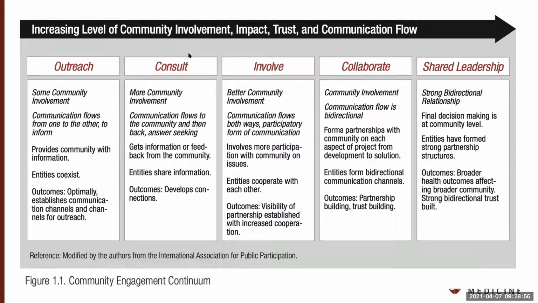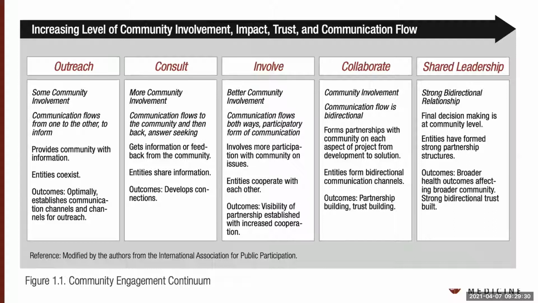So as we move down, I'm going to lump collaborate and shared leadership together so we can get to the next slide. But in collaborate and shared leadership, this is where you start to see community or patients identifying the research question, finding a researcher to get involved in applying for a grant together, designing the research together, implementing the research. There might even be a community co-PI and an academic co-PI.